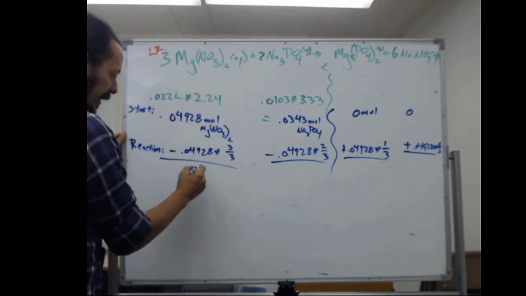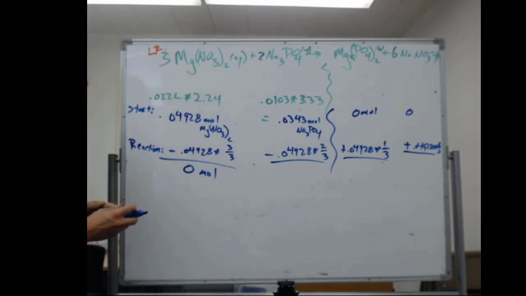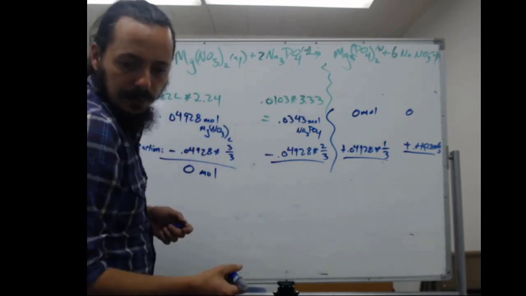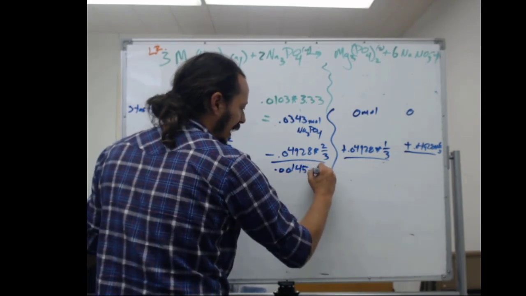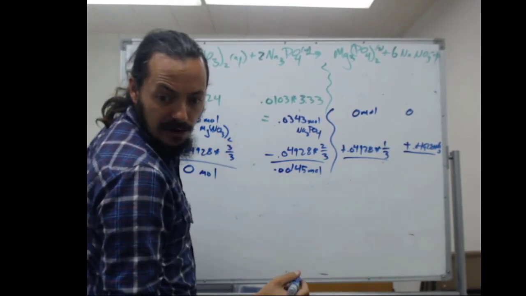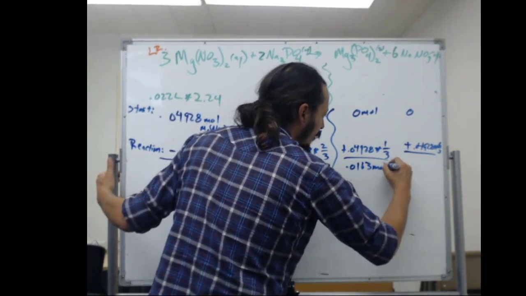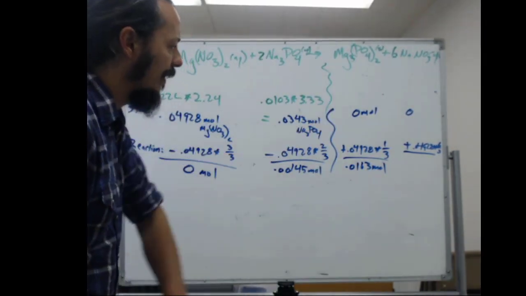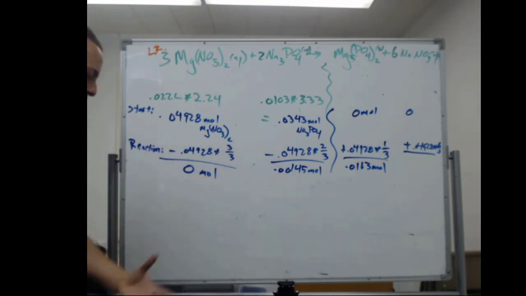Of course, our limiting reactant ends up with 0 moles of excess. That's the definition of limiting reactant. It runs out. This one is our 0.00145 moles excess, and our 0.0163 moles produced. Again, I'm not doing the last one because there's no questions about it. It's so nice to do it that way.